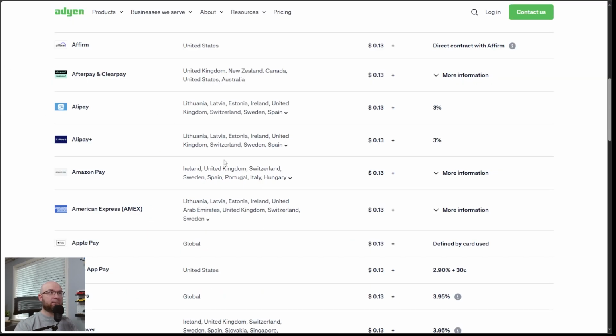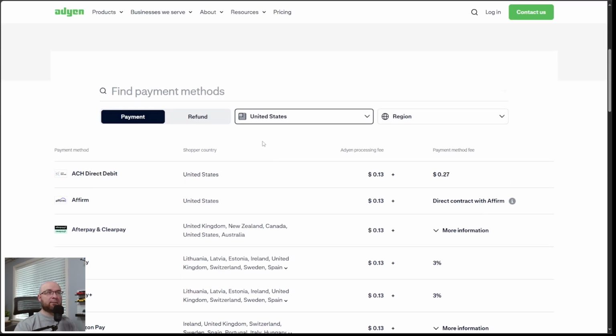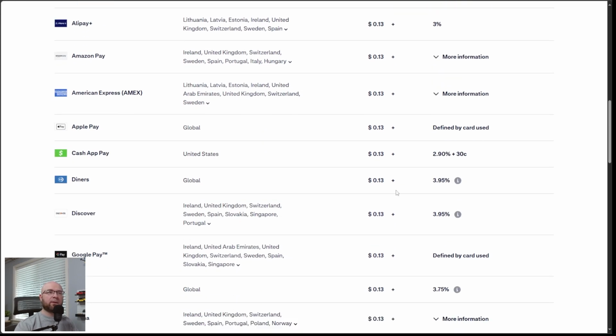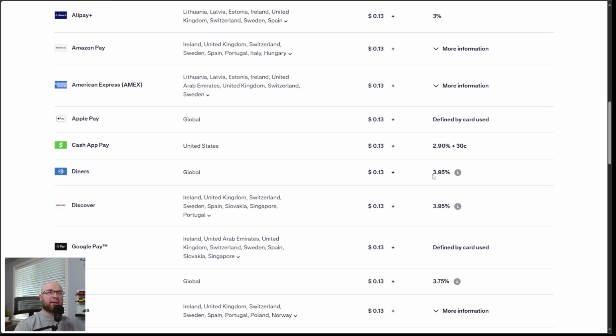Here's another one. Adyen, right? Adyen, select your country where you're making the sales. And for each different way for your customer to pay, it's a different price. I mean, these two are the same, right? Because Alipay Plus, but direct debit is 13 cents and 27 cents, so 40 cents. 13 cents and 3.95% for a Diners card.